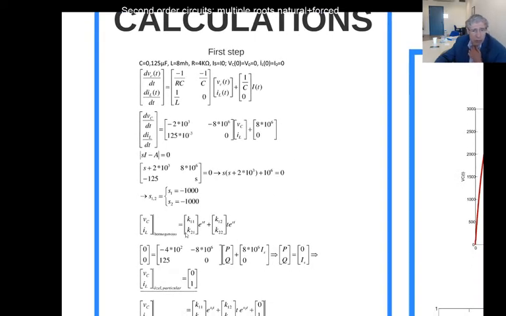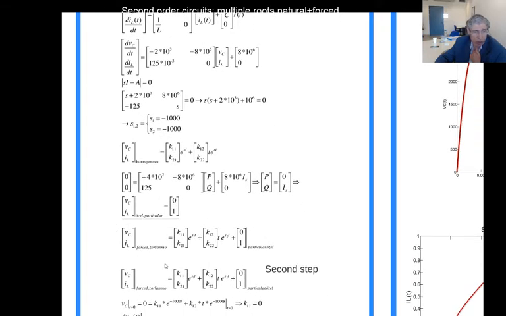So our homogeneous solution is this one, and since the independent source is an independent DC current source, we can calculate the particular solution. That's the particular solution, and those two together are the forced solution. The forced solution has a homogeneous part and a particular part.